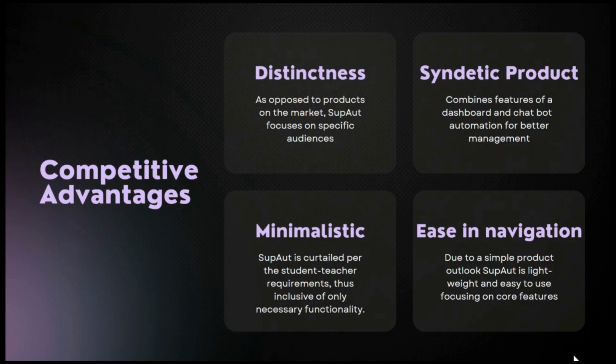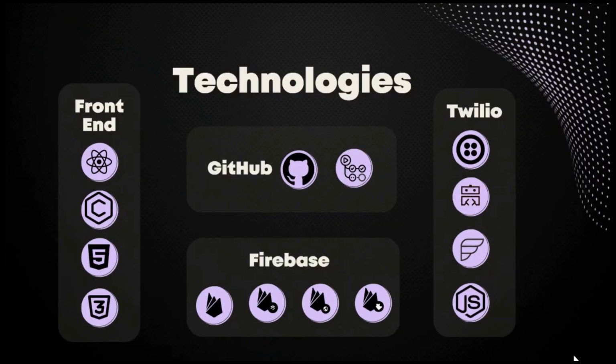It's minimalistic. It doesn't have all the features that are in every LMS. It is curated and designed specifically for our target audience, making navigation and use very simple. It's very lightweight and only focuses on the core features.